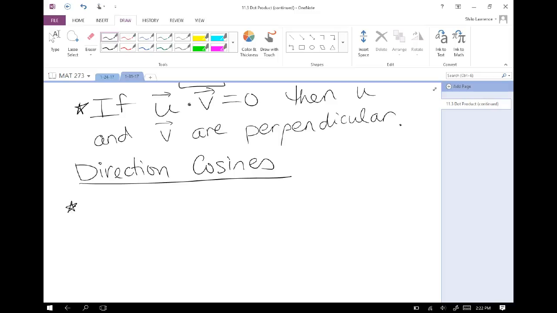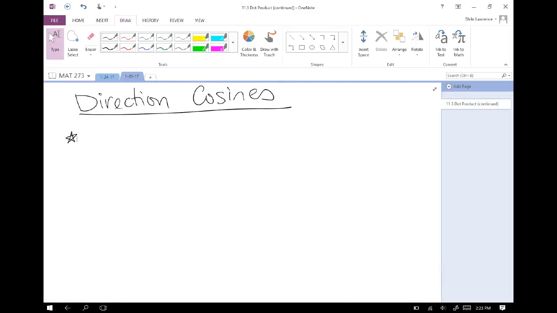So any vector in three-dimensional space is going to make an angle with the x-axis, an angle with the y-axis, and an angle with the z-axis, and they might all be three completely different angles. So the direction cosines tell us the cosine for each of those values. And we could do cosine inverse if we wanted to know the actual angle.